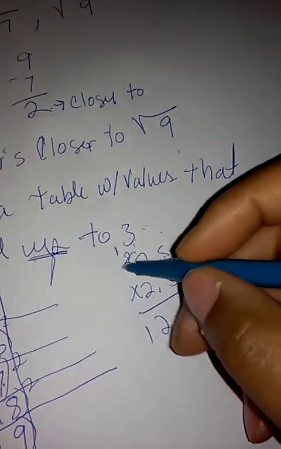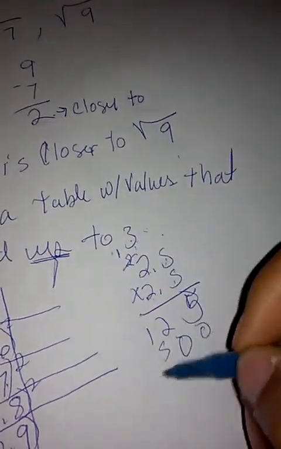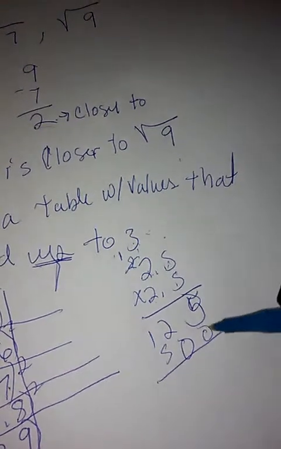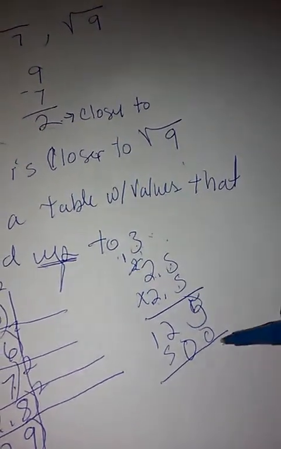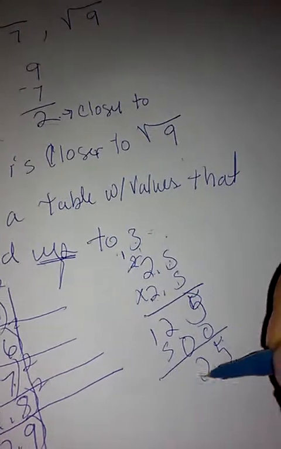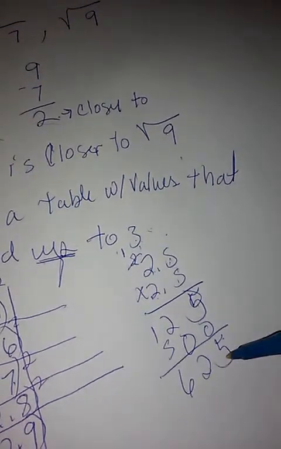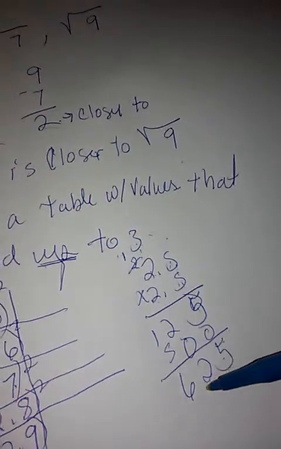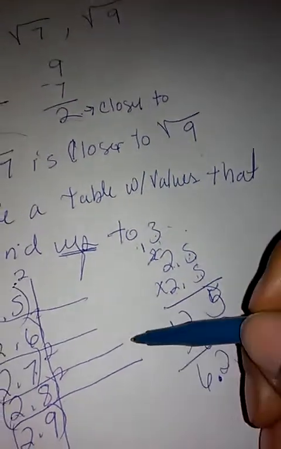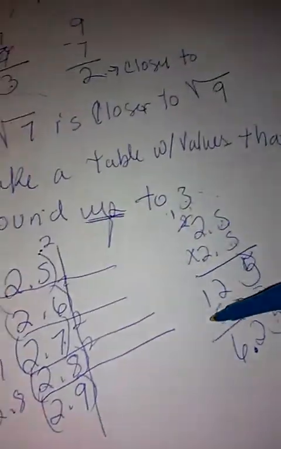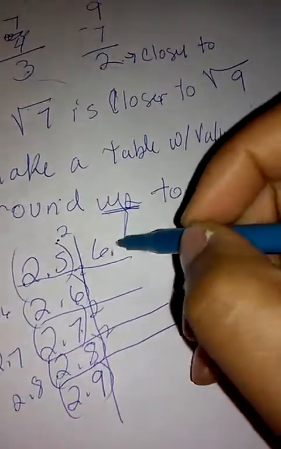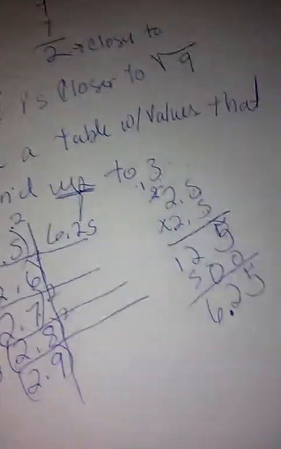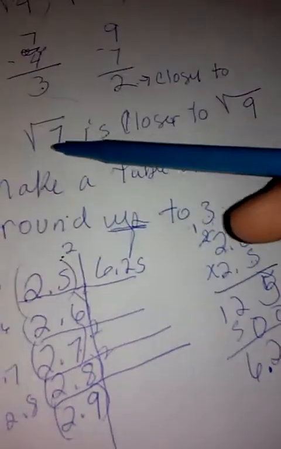That's 4, 5. And wait, that's a 5. 5, 2, 6. Okay. 1, 2 numbers behind the decimal. So 2.5 times 2.5 will give me 6.25. I'm going to keep going because I need to get to 7.